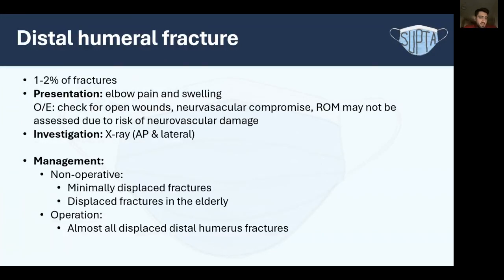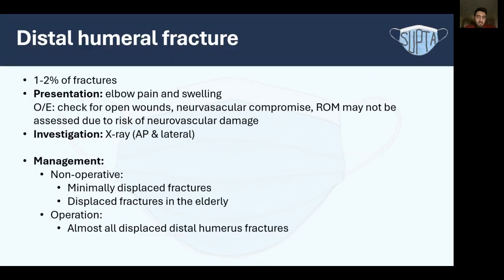or if it is displaced but the patient is elderly and not really fit for surgery. What you may do is have a consultation with the patient and tell them that it may not be fit for surgery, and it may heal, but it may not heal. It may not go back to a normal position, so you may have some sort of deformity left.